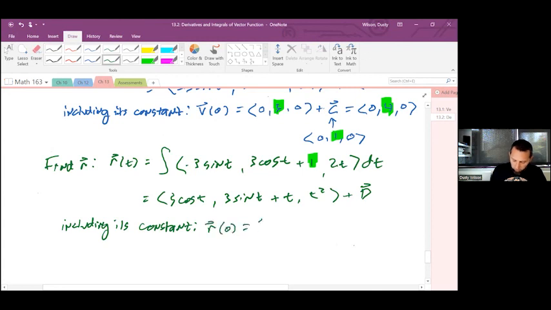So r of 0 will be 3 times the cosine of 0, which will be 3. 3 sine of 0 plus 0, which would be 0. And t squared of 0, which would be 0, plus d. And we're given that this is going to equal 350.